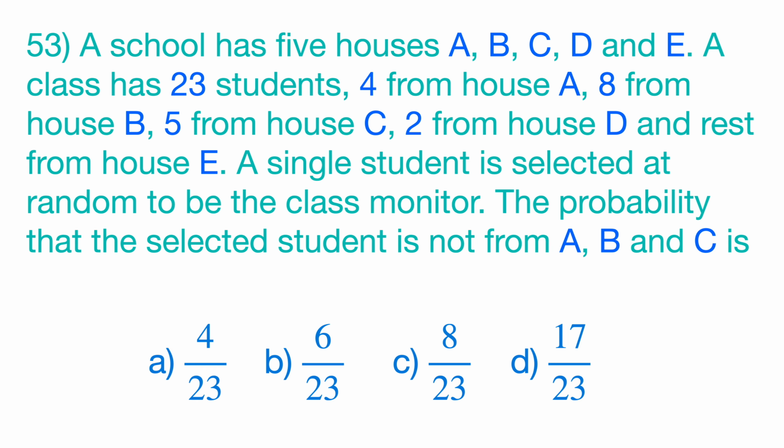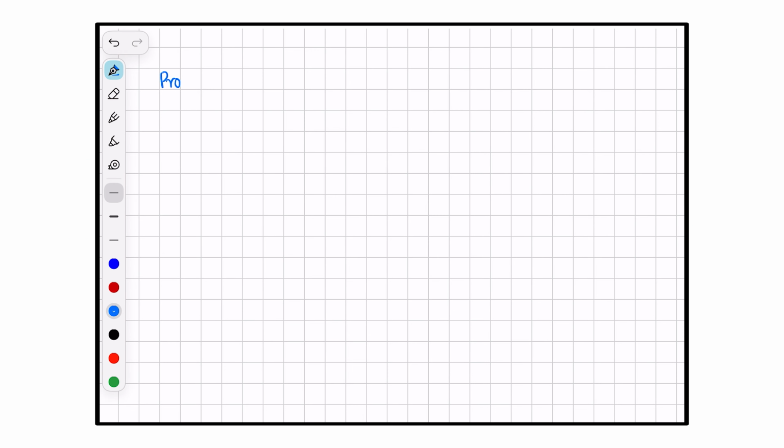The probability that the selected student is not from A, B and C is: in this problem what we have to do is find the probability that the selected student is not from A, B and C. That means the student can be from house D or house E.